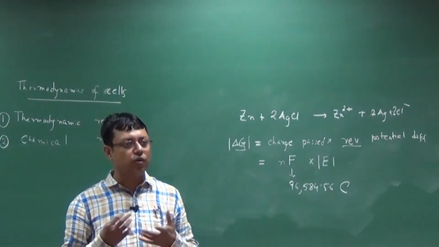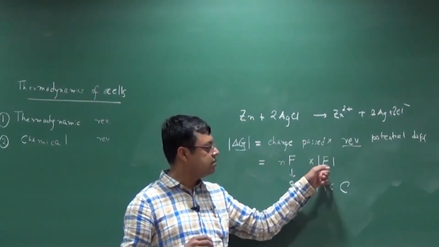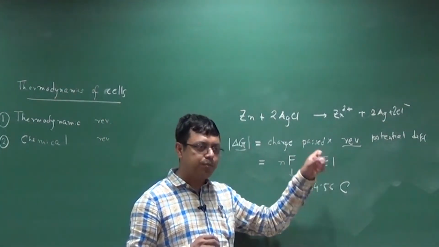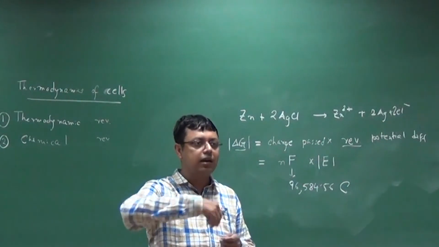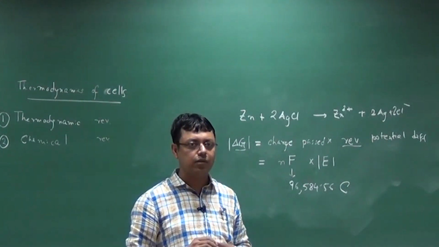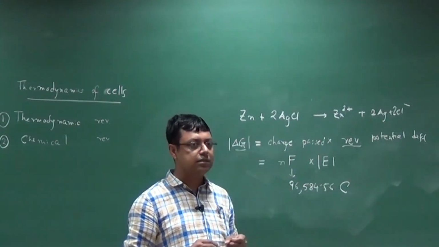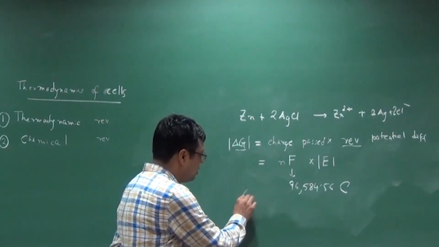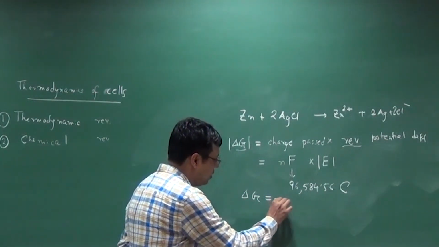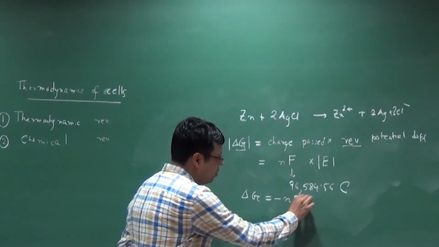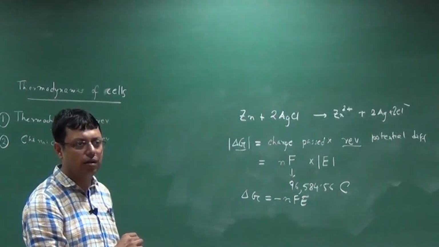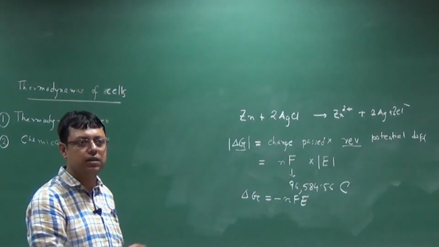The convention we use is that this electromotive force is positive if I connect it and see an electrical energy flow. So if this is positive and this is negative, I can modify this equation as we always write it, like this. But in an older convention it was basically plus NFE.